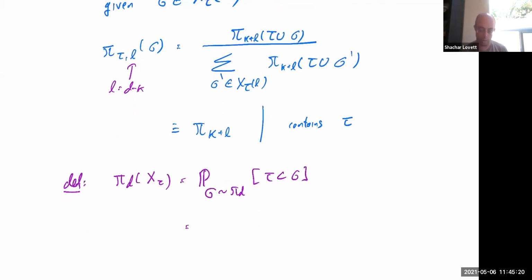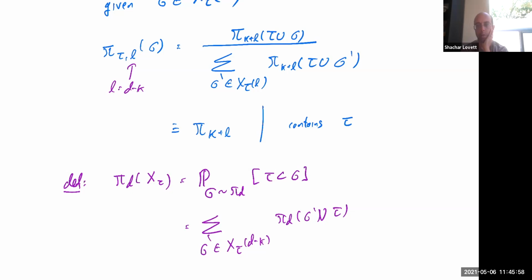That's exactly going to be the sum over all sigma prime in X containing tau, of dimension d minus k, of pi d of sigma prime. Right, that's another way of writing the same thing. So you see multiple ways of writing the same thing. So hopefully at least one of them is intuitive to you, and then the rest are algebraically equivalent.